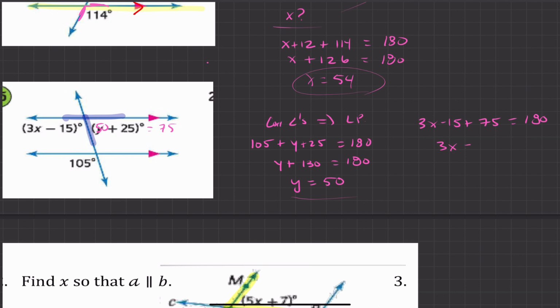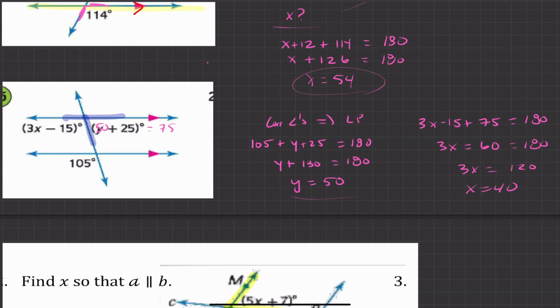So 3x plus 60 is equal to 180. So 3x is equal to 120. So x is equal to 40.